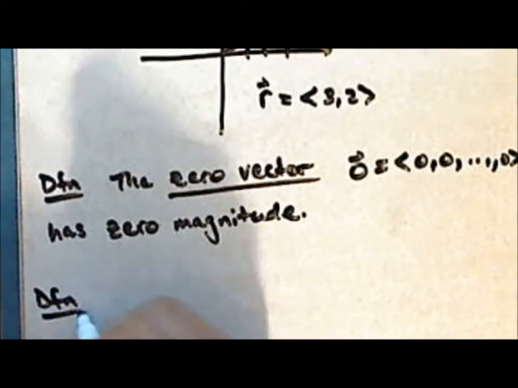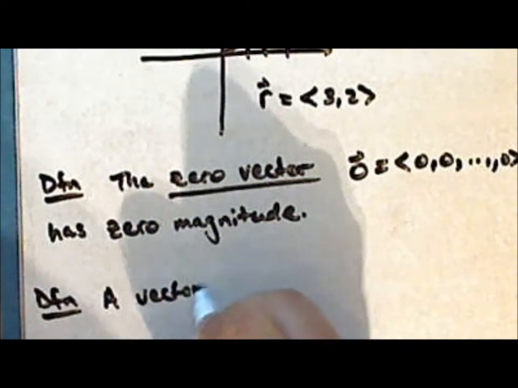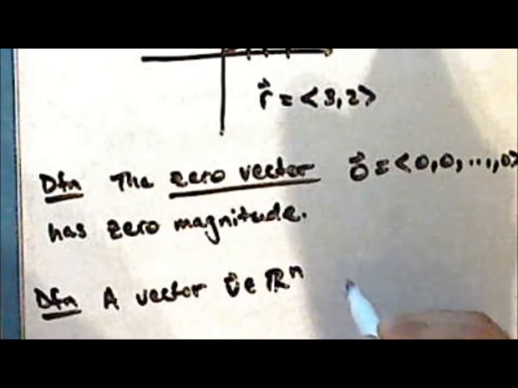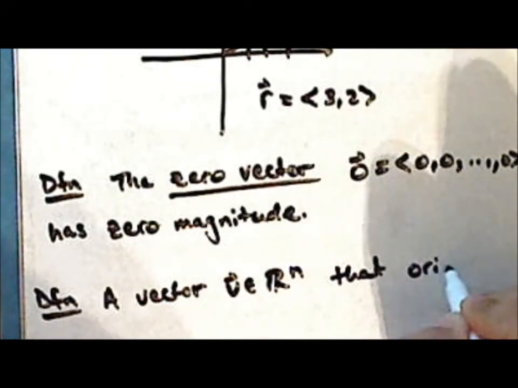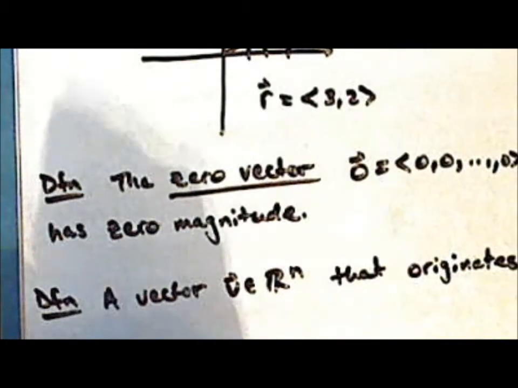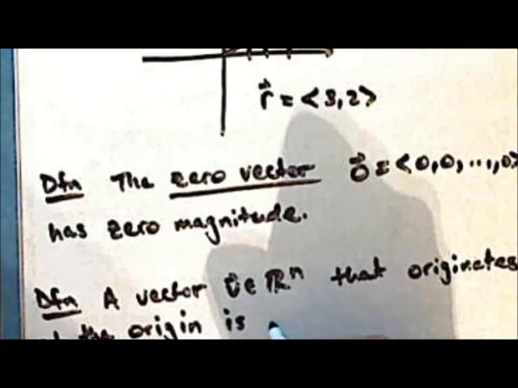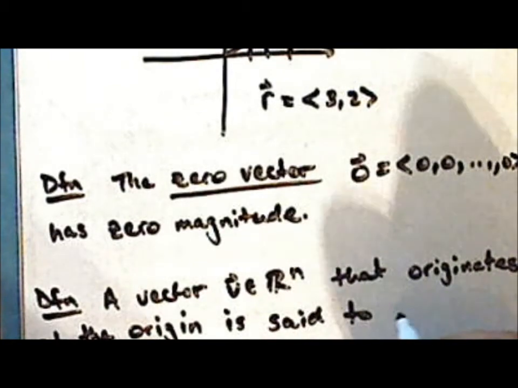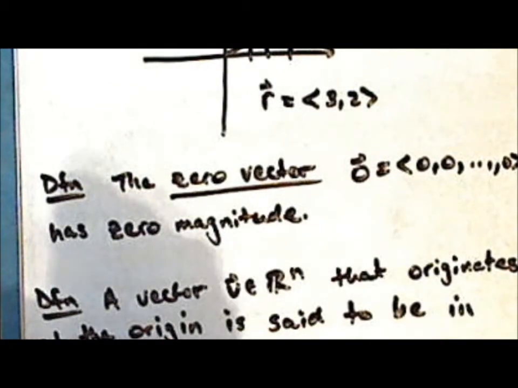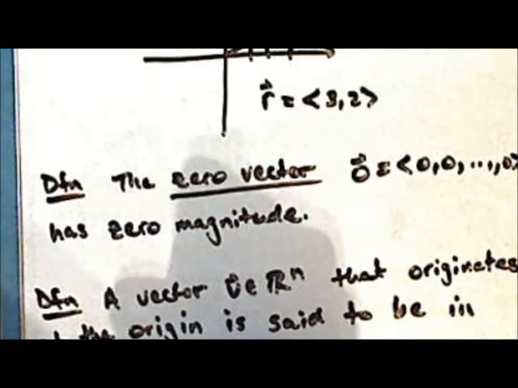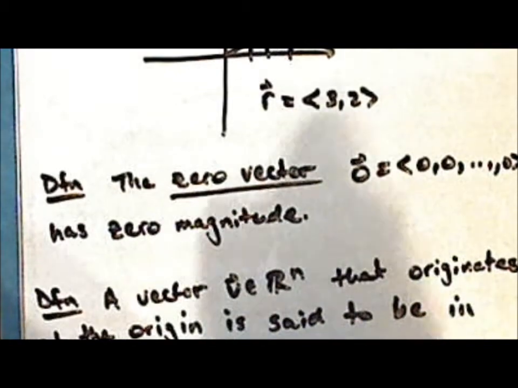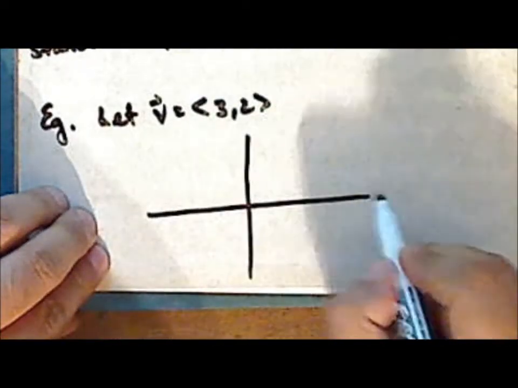Now, a vector in n-dimensional real space that originates at the origin is said to be in standard position. So again, we'll look at the example. Let the vector v be the vector 3, 2. So this is a vector in the plane.